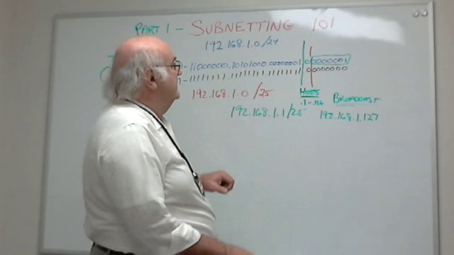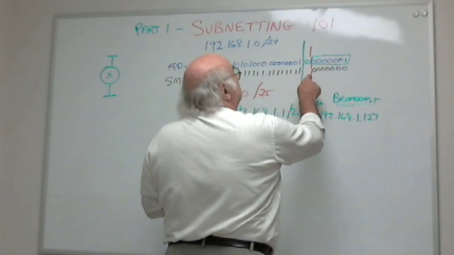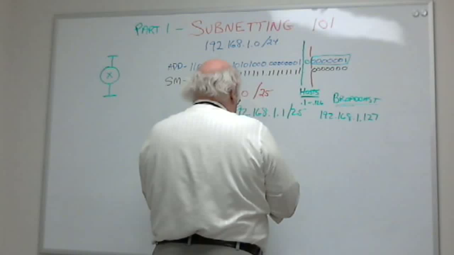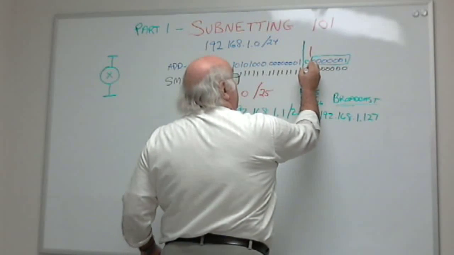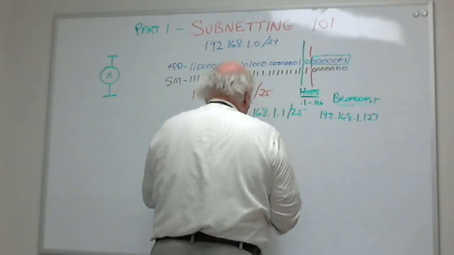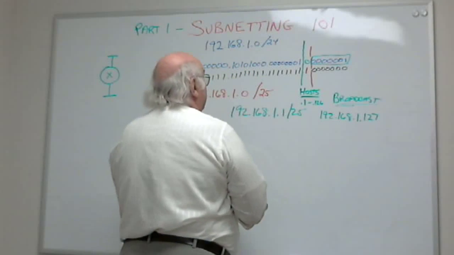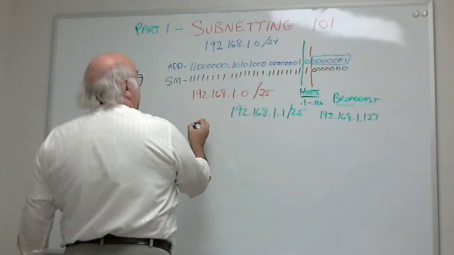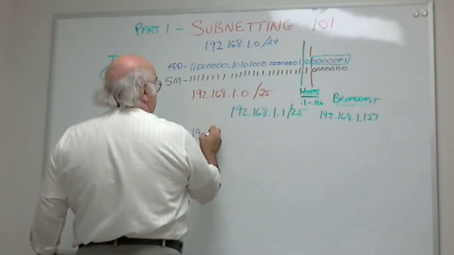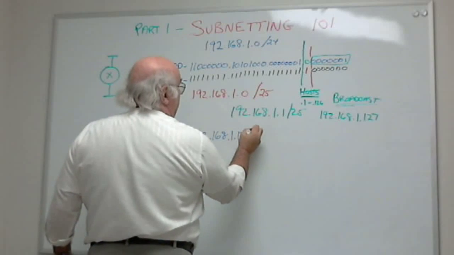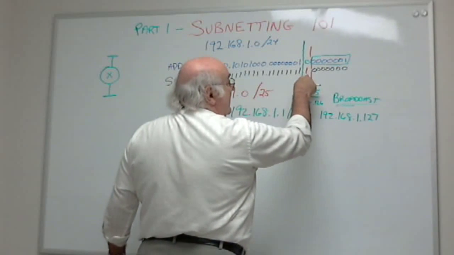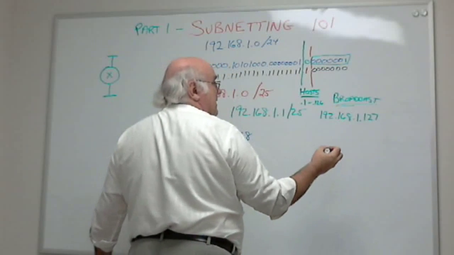Now let's look at the next situation, where we actually turn this bit on. Now I have a case where I'm getting an address of 192.168.1.128. The bit positional value there is 128.